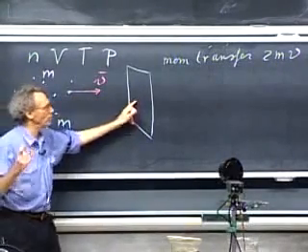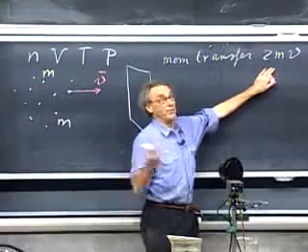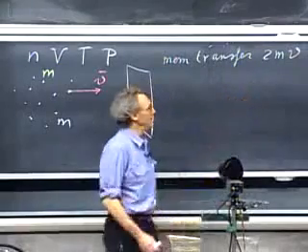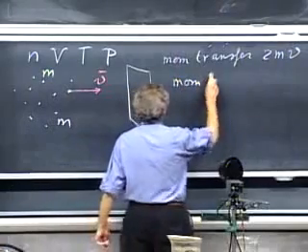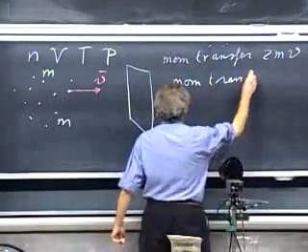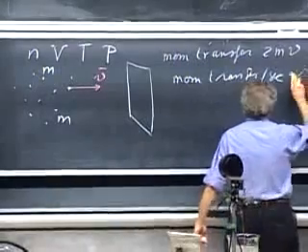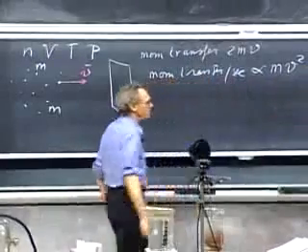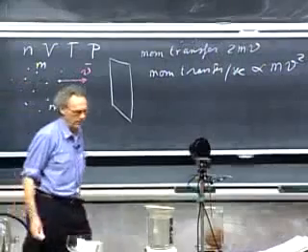For each bombardment, this is the momentum transfer. But if there are many, you have to multiply that by the speed. So the momentum transfer per second is proportional, let's say, to mv squared. mv comes from the momentum of one particle, and v comes from the number that hit it per second.